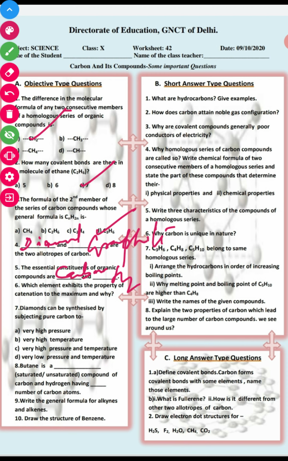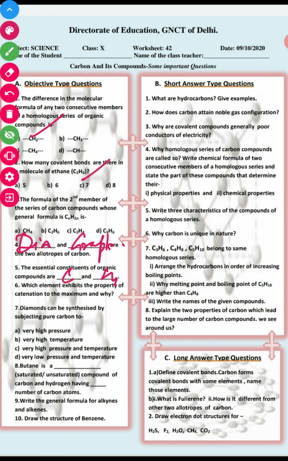Okay, I'll write in a short form. For diamond, I will write diamond and graphite, right? And carbon and hydrogen.